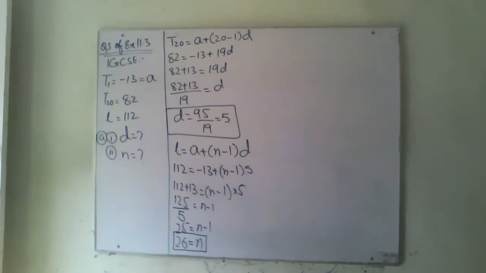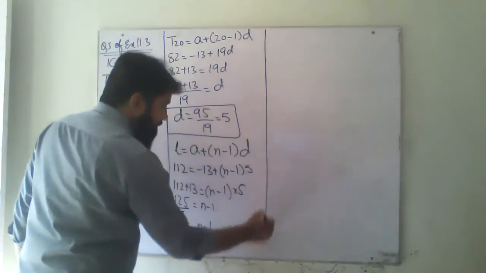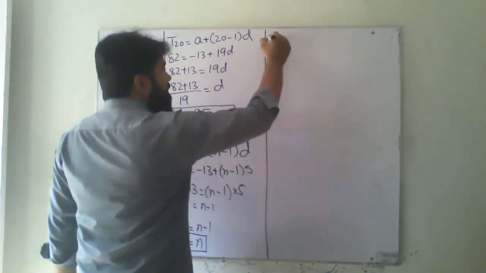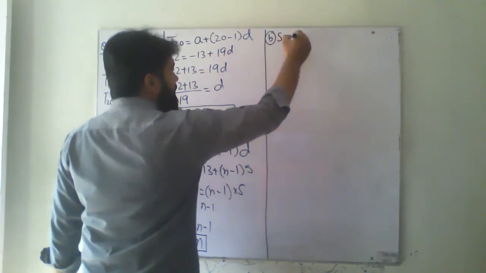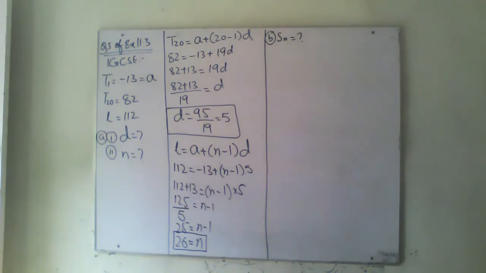Okay, now the B part of the question. The B part of this question says, find the sum of the progression. Okay, find the sum of the progression.